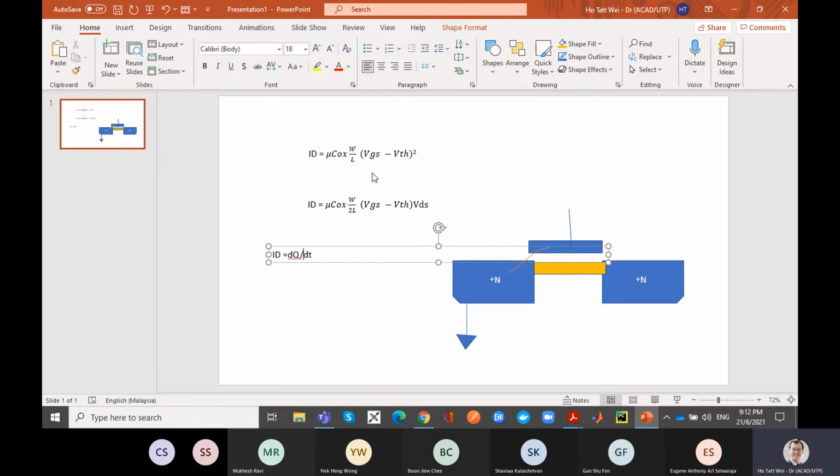So if I increase the gate voltage here, I'm adding more charges here that can move. A second way to increase current is, instead of moving the 5 coulombs in 1 second, I move the 5 coulombs in 0.5 seconds, faster. Can you follow that?